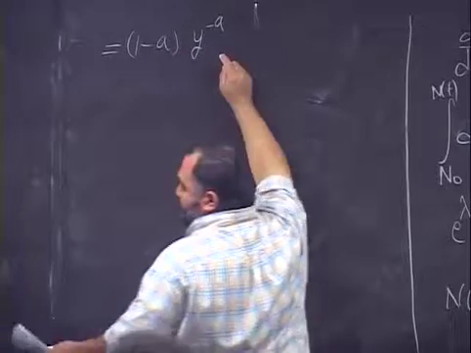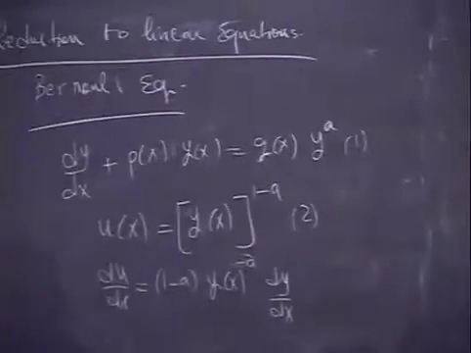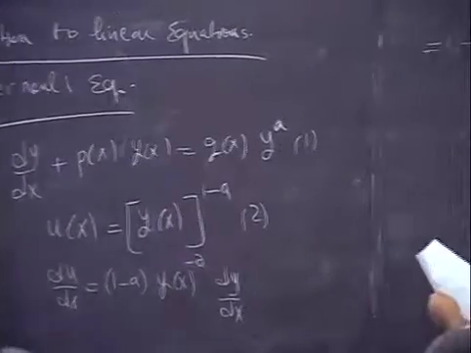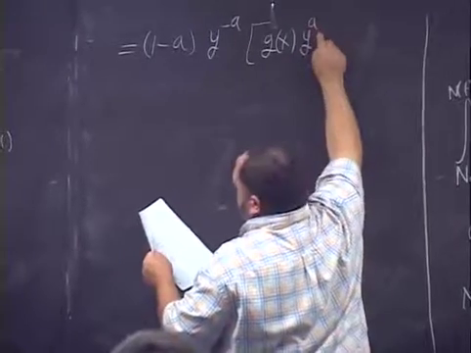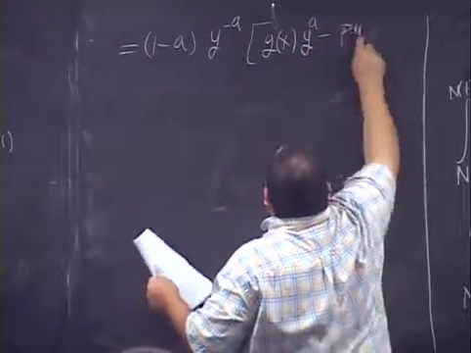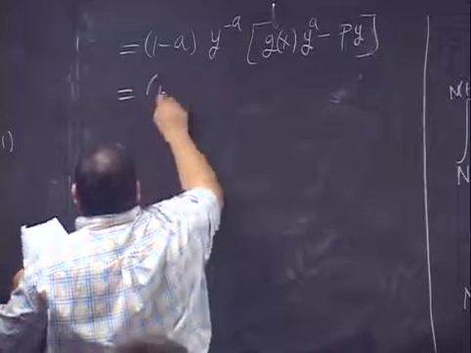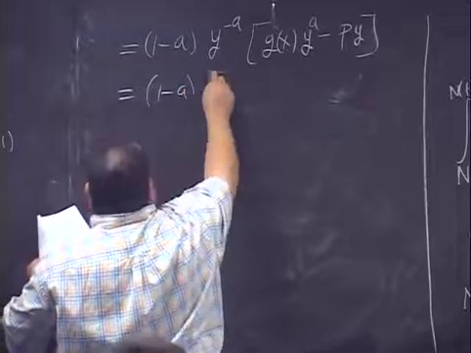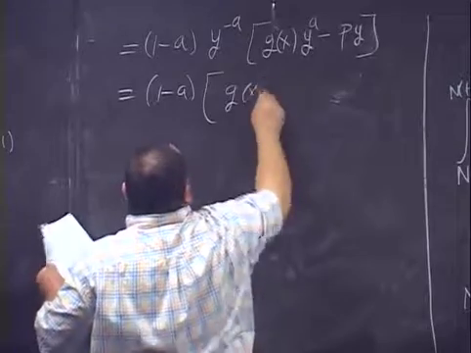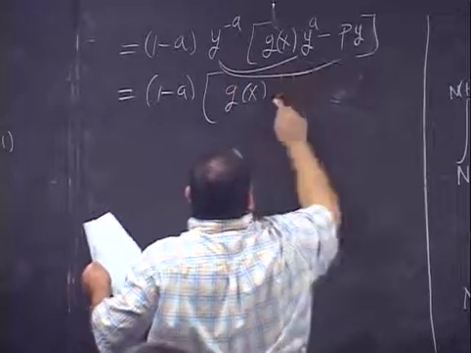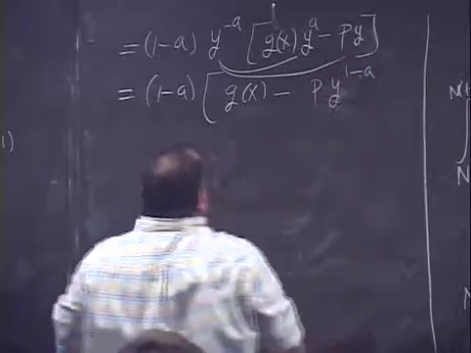What's dy by dx from here? It's g of x multiplied by y to the power of a, minus p multiplied by y. So this will be 1 minus a multiplied by, multiplying here, y to the power of minus a goes with the other.